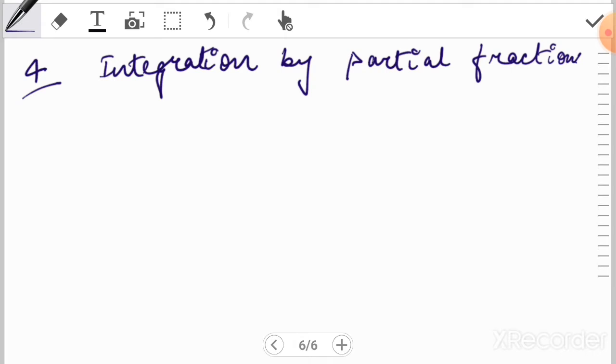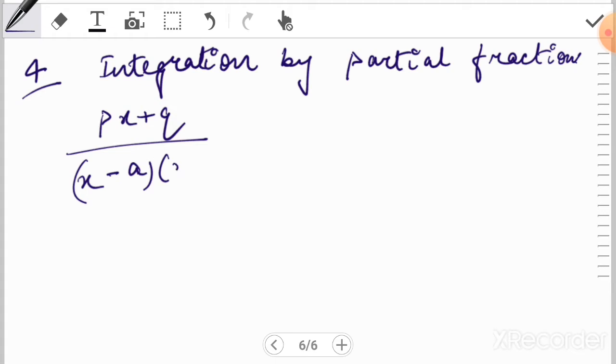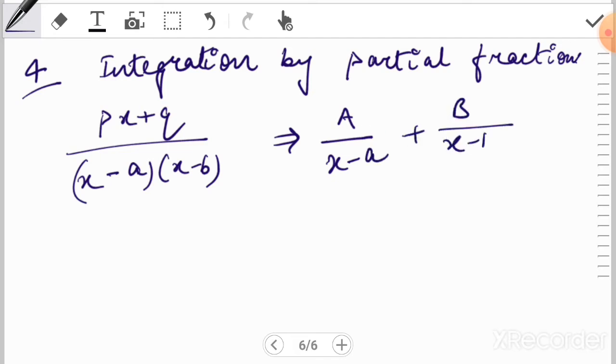So if you have the form such as (px plus q) by (x minus a) and (x minus b), you can simplify this by finding capital A and capital B such that this equals this, right?